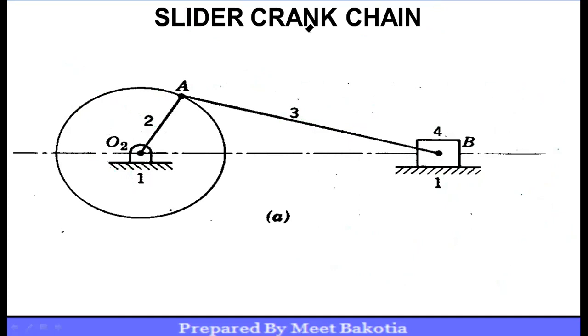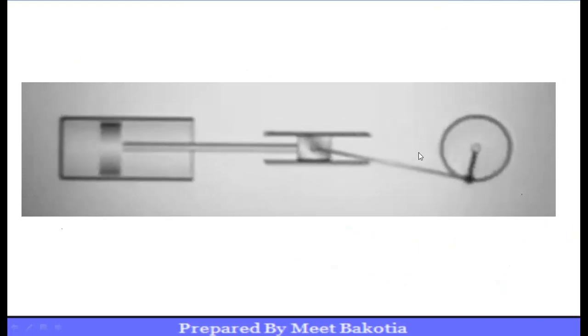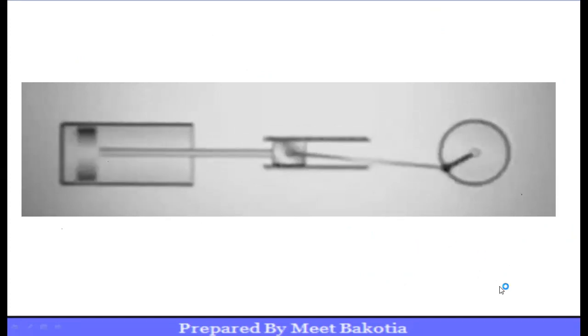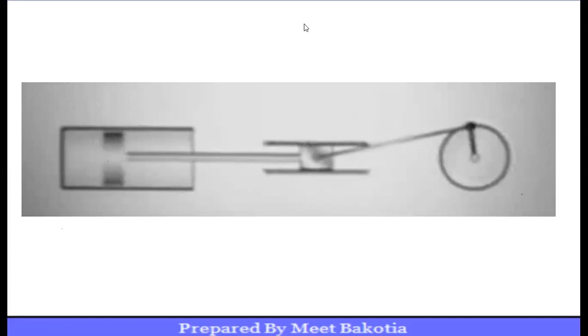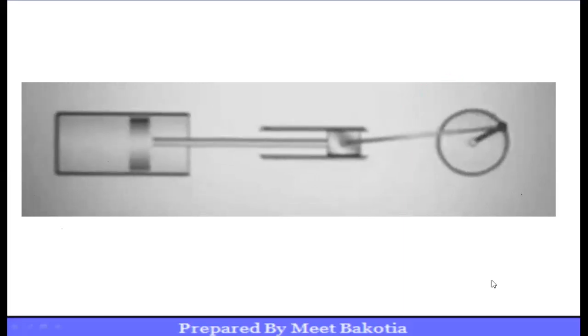Let's once again go to how it functions. You can see this is the crank, right? And it rotates. So as the crank rotates, this is the coupler or connecting rod that is oscillating.